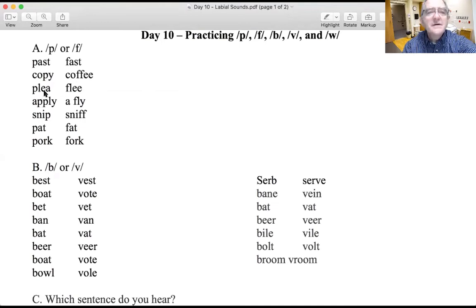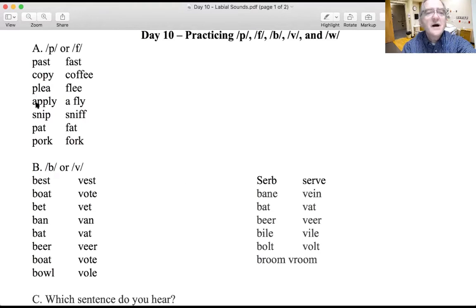Flee. You have to get your L in your throat, and hold it. Pull, plea. Now let's try flee with the F. You have to hold your tongue with the L, and then do your F. Flee, flee, flee. That's it.